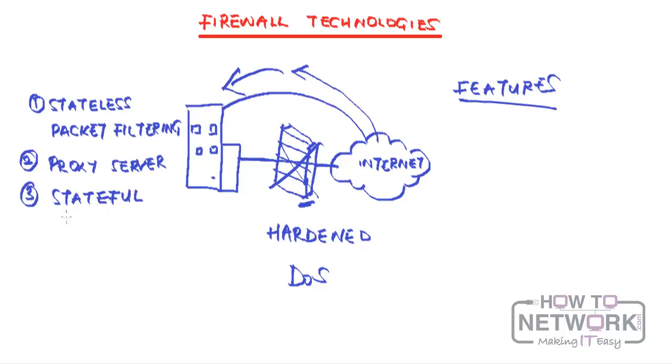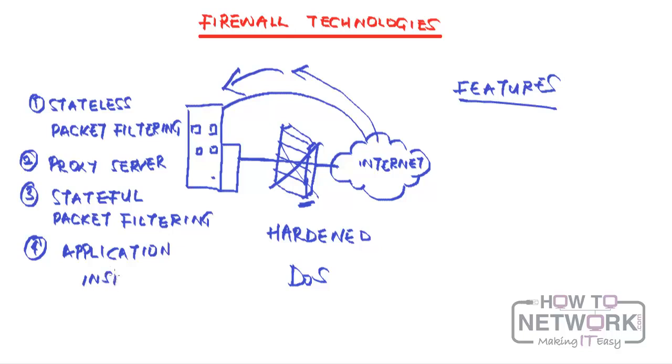The first one is stateless, while the other one is stateful packet filtering. And the fourth one is going to be application inspection. We're going to look at these firewalls in detail, one after the other, and we'll look at the benefits, advantages and disadvantages of each one of them.